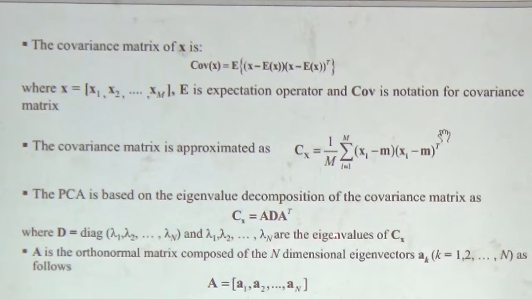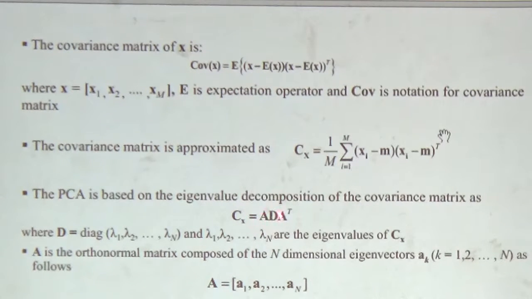And that matrix is composed of the eigenvectors of this covariance matrix. So A is a matrix which is an orthonormal matrix composed of n-dimensional eigenvectors like this. So if you have a 200 band satellite data, you need 200 different eigenvectors to form this capital A matrix.